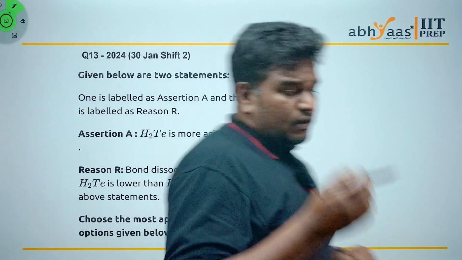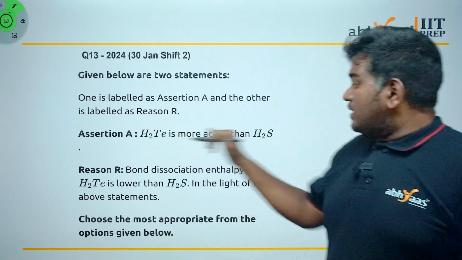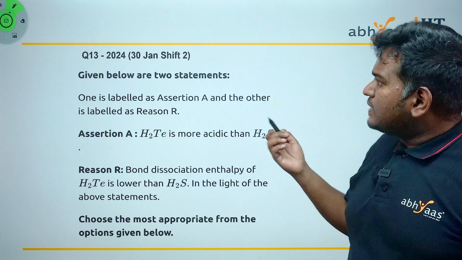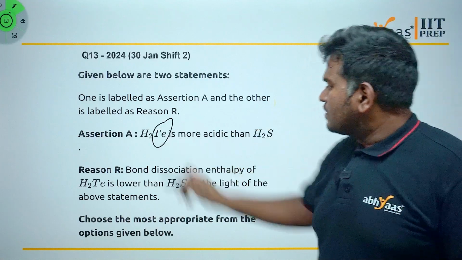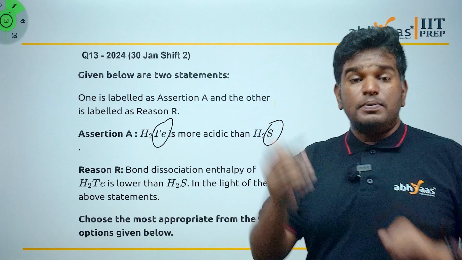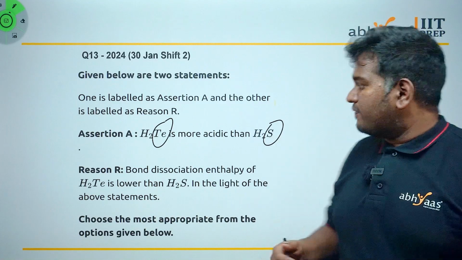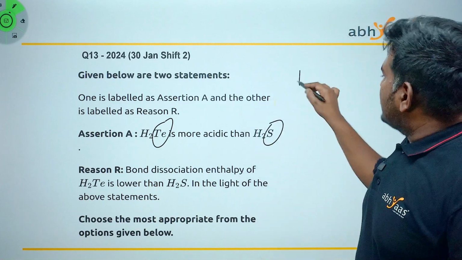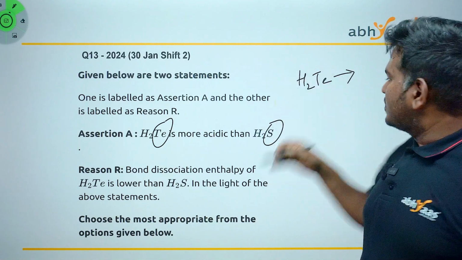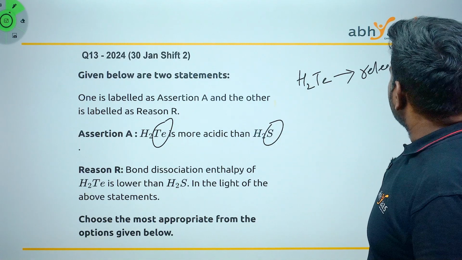So first thing, H2Te is more acidic than H2S. Is it right? The thing is that tellurium has a higher atomic radius than sulfur. So this H2Te can easily release the hydrogen.